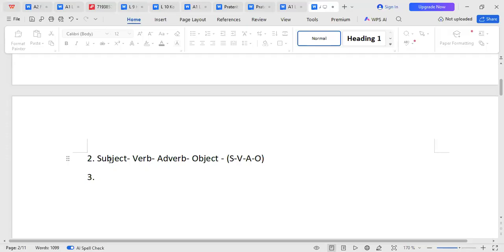Beispiel, for example, du kannst sagen, you can say, ich koche abends fish. Abends is evening time.